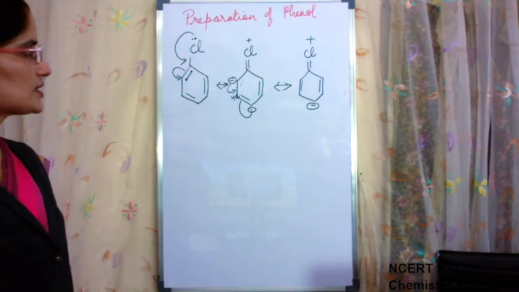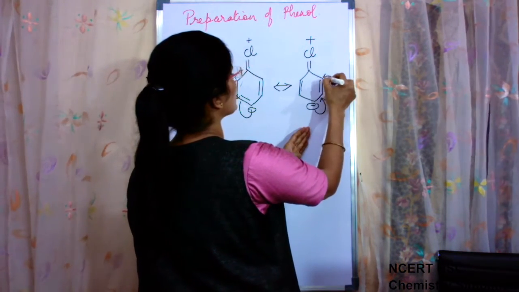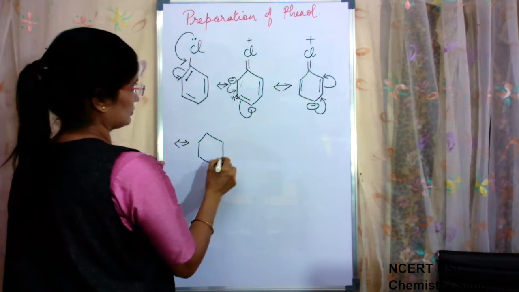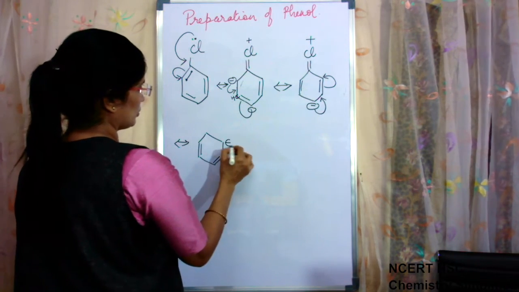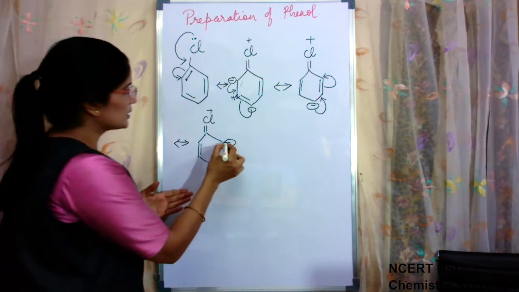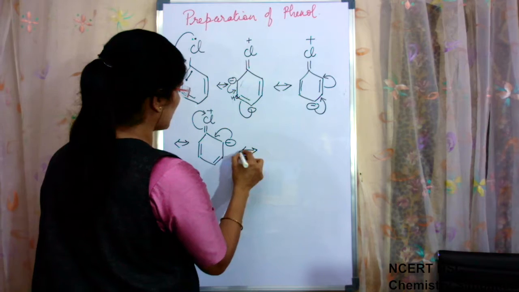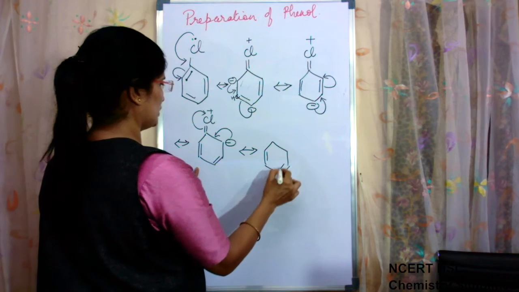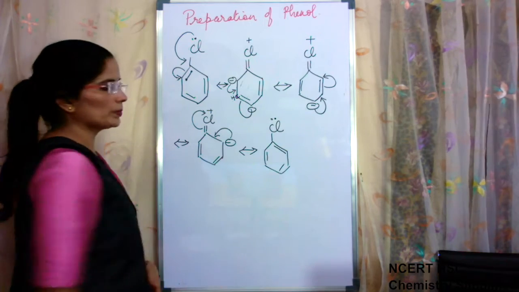Double bond Cl positive. These are called resonating structures. Again, this bond will shift to the next position, and the next structure is formed, with the negative charge on the other corner and double bond Cl positive. Next, this will come here and shift back to give the last structure, with a single bond Cl and the positive charge gone because the lone pairs are returned.